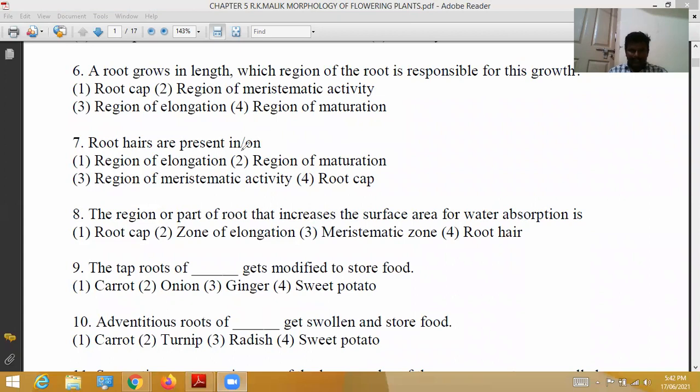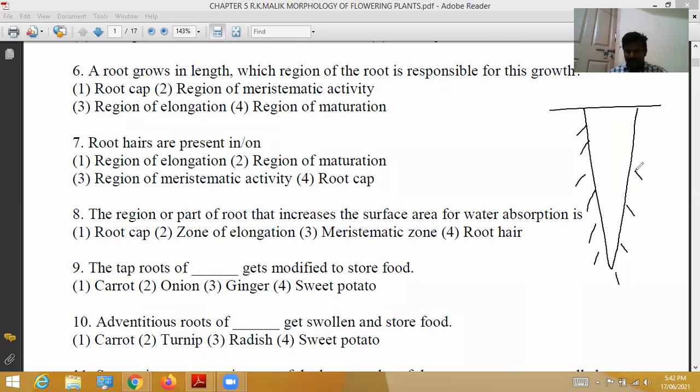See here, root hairs are present on the root. This region is called the root cap.